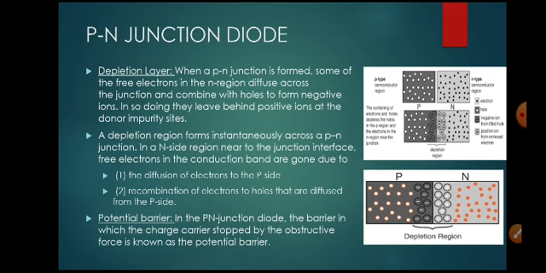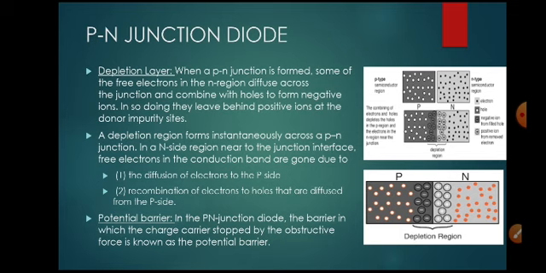This average velocity is called the drift velocity. The drift is the motion of the charge carriers caused by the applied electric field.